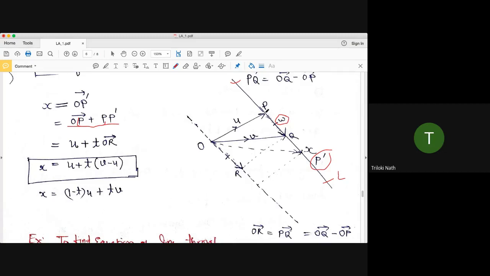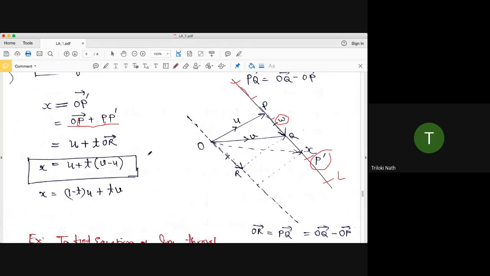Say for a moment PQ is 1 centimeter and PP dash is 3.2 centimeter. So what does it mean? You have to multiply 3.2 to W. It becomes 3.2 W. That's all. So T is an appropriate scalar because this point P dash can be anywhere, either here or here or here, anywhere on this line.